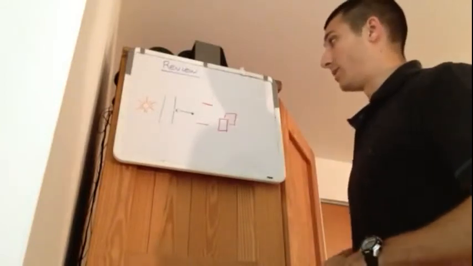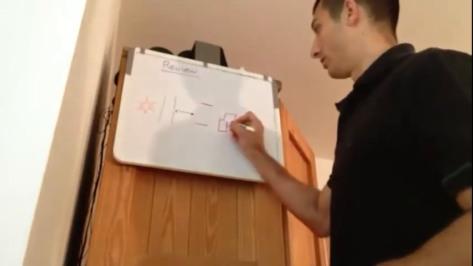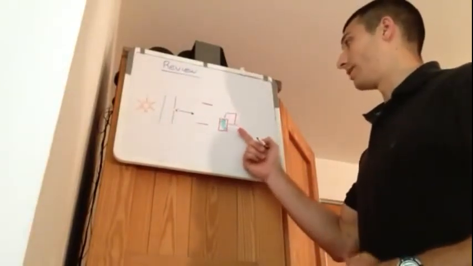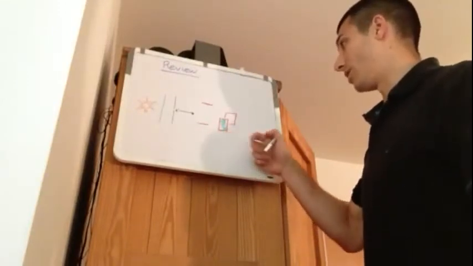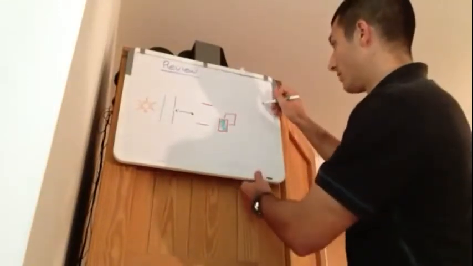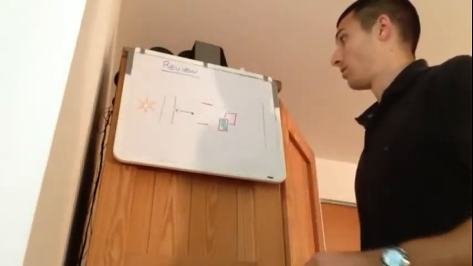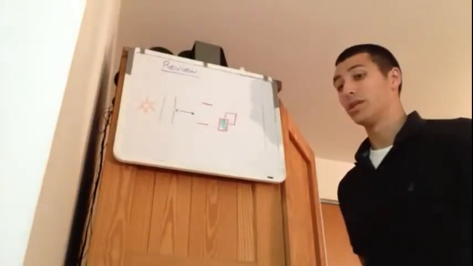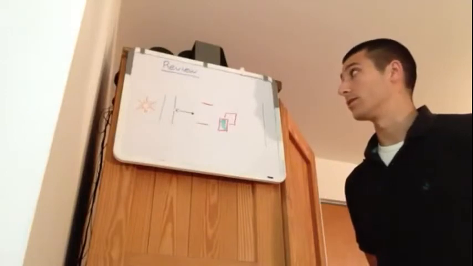Those are going to direct the beam up and down. The next set is going to direct our beam left and right. So the first set up and down, then left and right, and then we're going to project our beam onto the screen. Okay, and that is the complete diagram of our cathode ray oscilloscope.